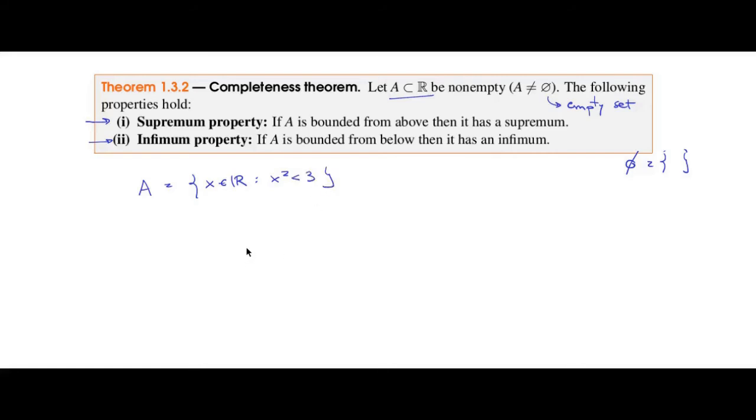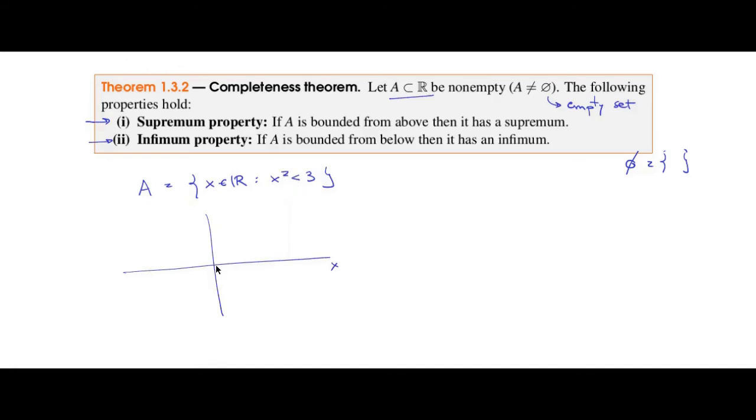Okay? So if you think about the function x squared, A is the set of all real numbers such that the value squared of x is smaller than 3.